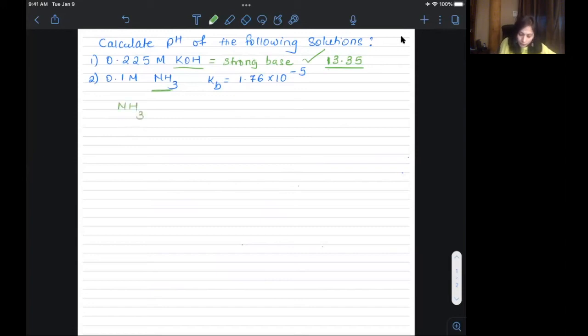NH3 combines with water, and I'm going to put down, this is aqueous, this is liquid phase. Since this is a weak base, I'm going to be showing reversible arrows. It's not completely dissociating, and you are going to get NH4 plus ions and hydroxyl ions. Again, both are in aqueous phase. Now let me put the ICE table.